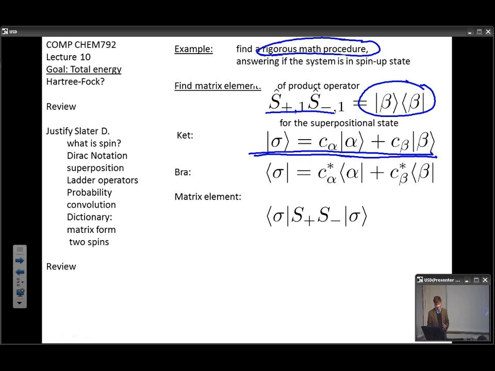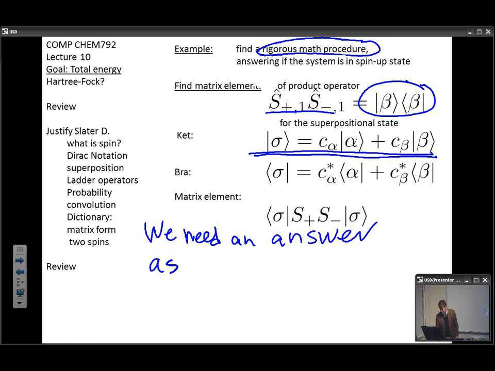We want to take our quantum state as an argument, and then we need an answer as a number. Probability is a single number. We need an answer as a number.